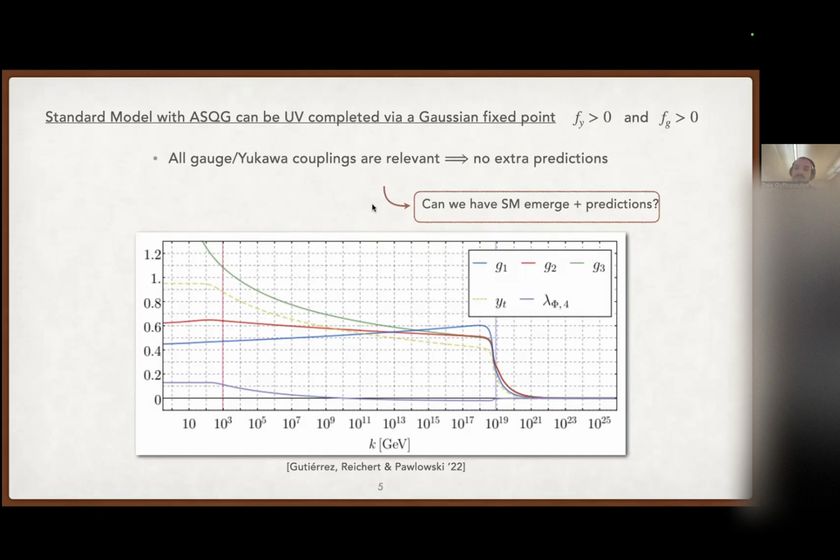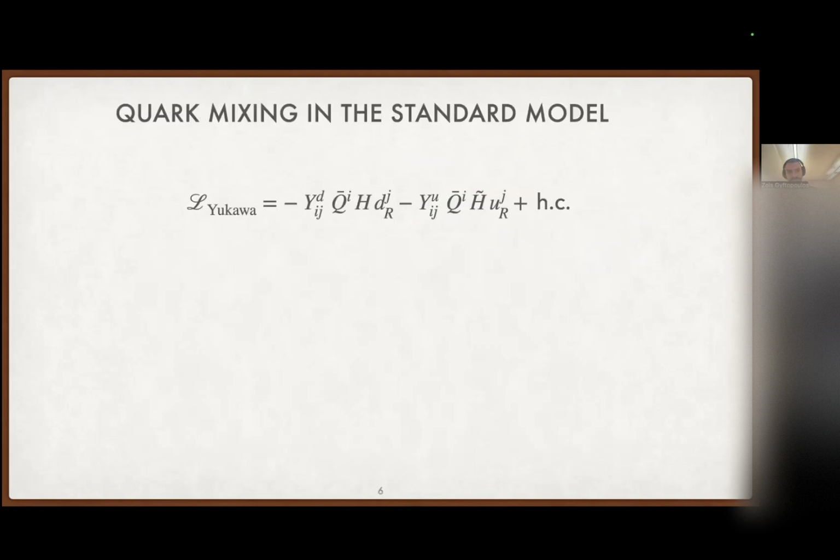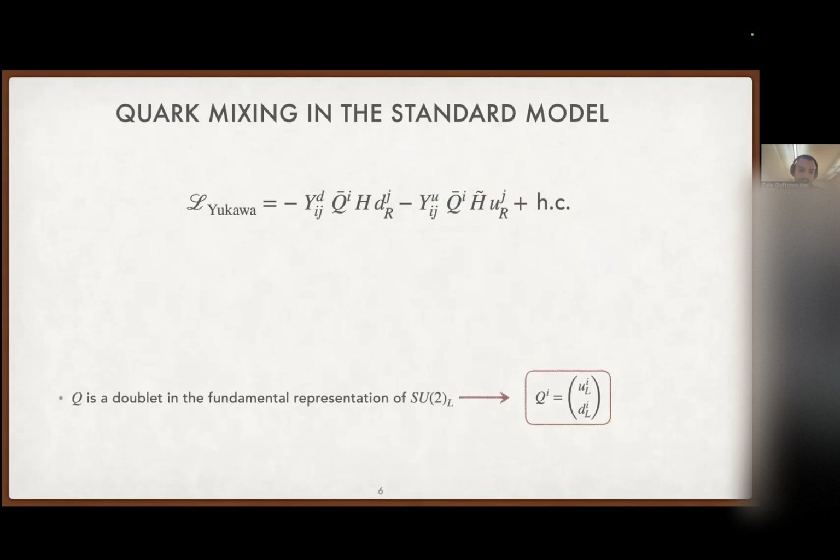So now that I've mentioned quark and lepton mixing, let me spend some minutes to introduce to the uninitiated what quark and lepton mixing actually is. In the standard model, as you might have heard, there is this gauge group SU(3) cross SU(2)_L cross U(1)_Y, which is the fundamental gauge group of the standard model. And here we have the Yukawa Lagrangian of the standard model, where Q is a doublet that transforms in the fundamental representation of SU(2).